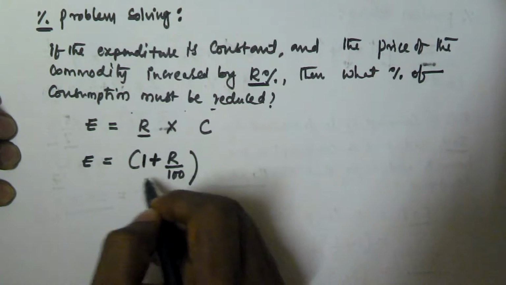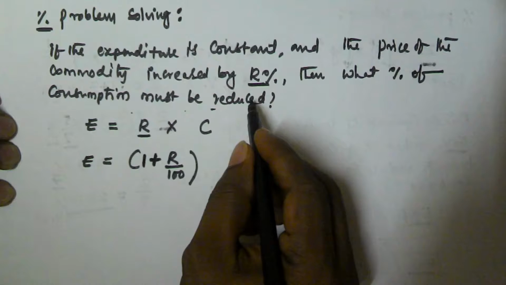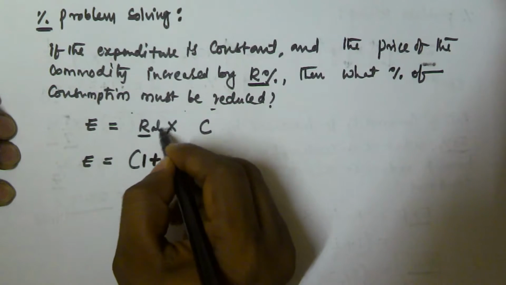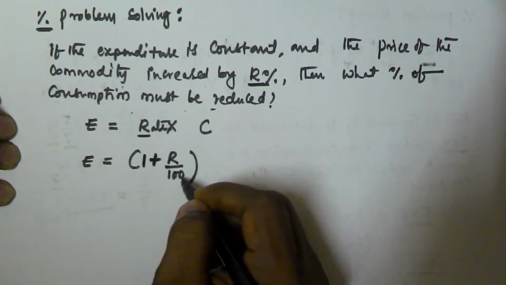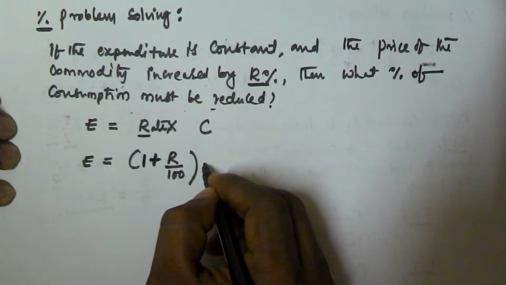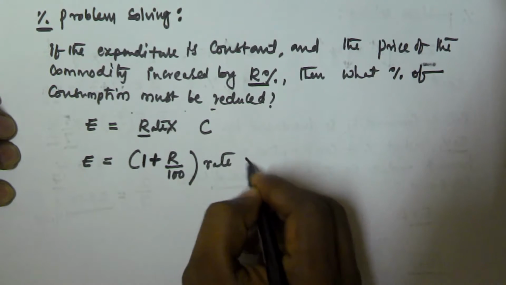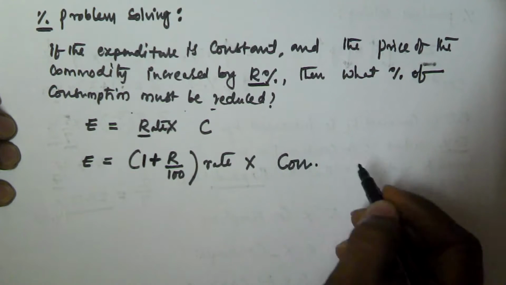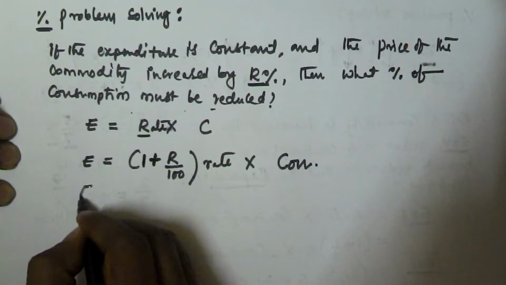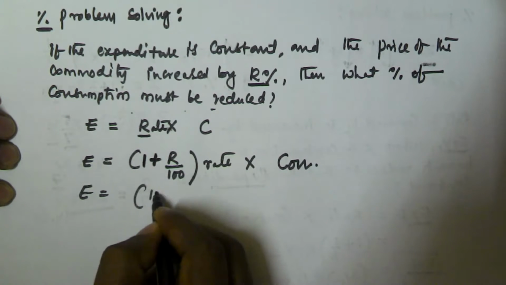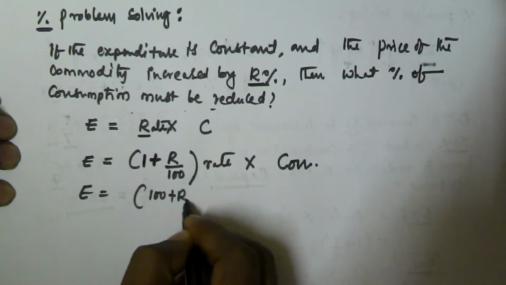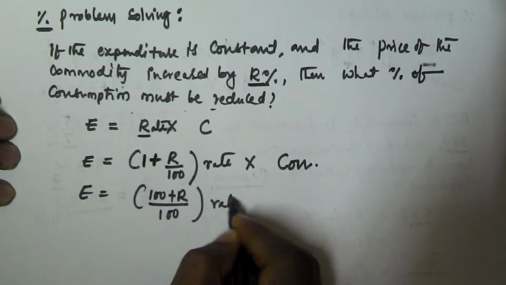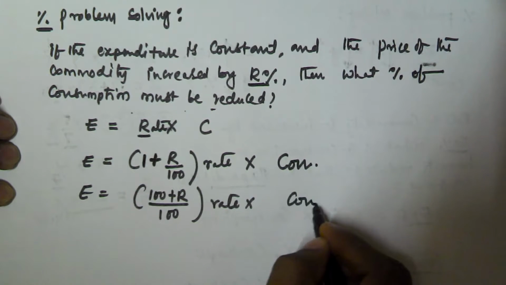So the current value after increasing the rate by r percentage is 1 plus r by 100, into rate into consumption. So the expenditure is equivalent to (100 plus r) by 100 into rate into consumption.